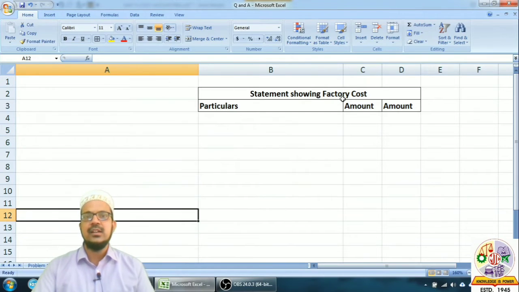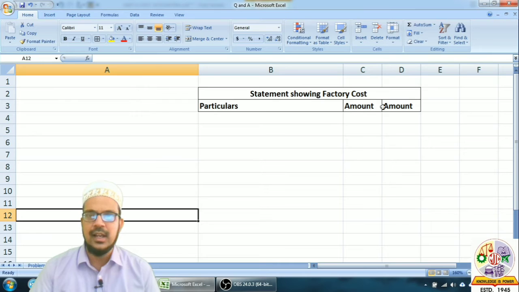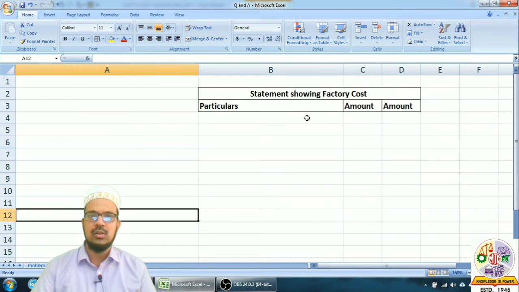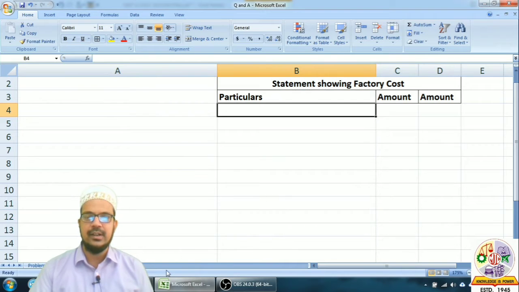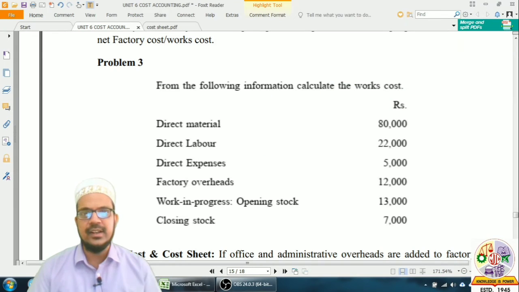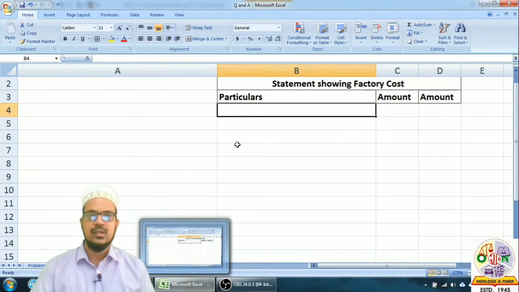We will give the heading of statement showing factory cost, particulars, and 2 amount columns. One by one we will start our entries. The first entry is the direct material of 80,000.